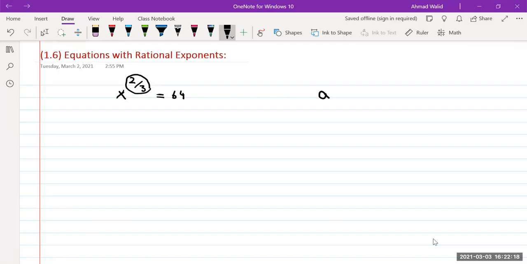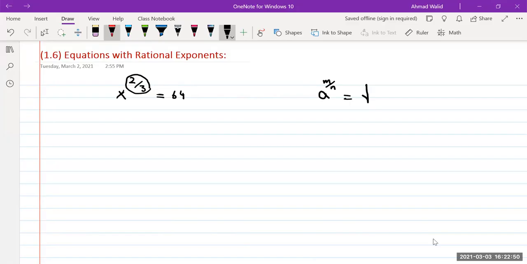If I have a to the power of m over n, to change a rational exponent to radical form, you may remember that you can rewrite any number with a rational exponent as a radical. A to the power of m over n means you open a radical.